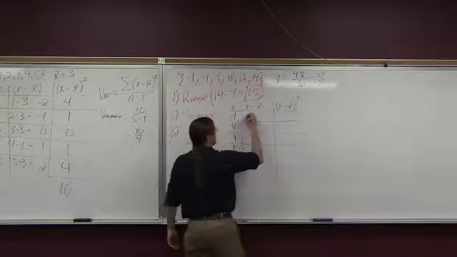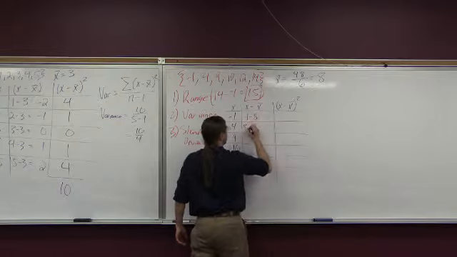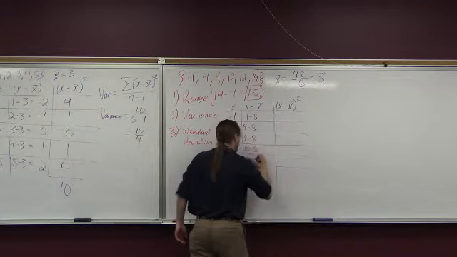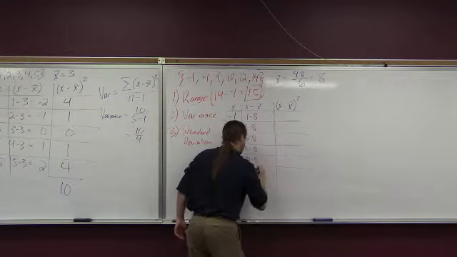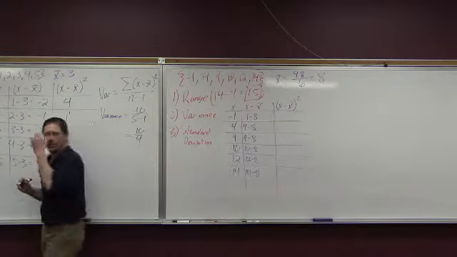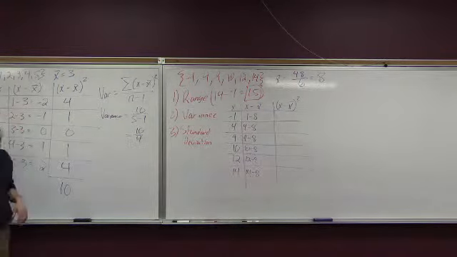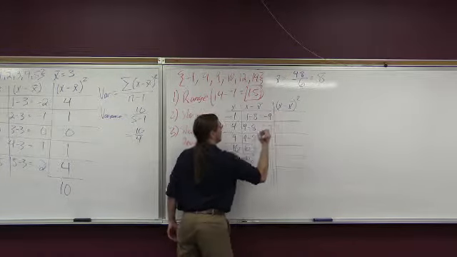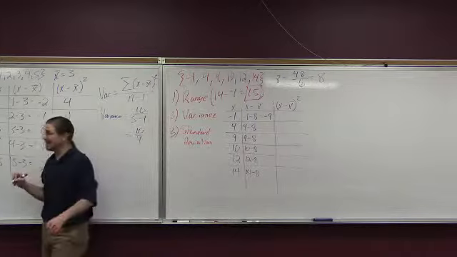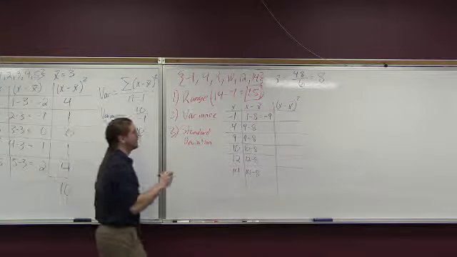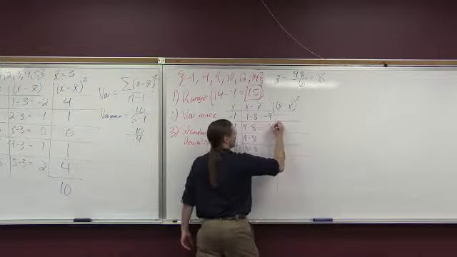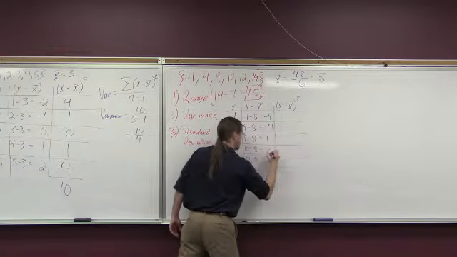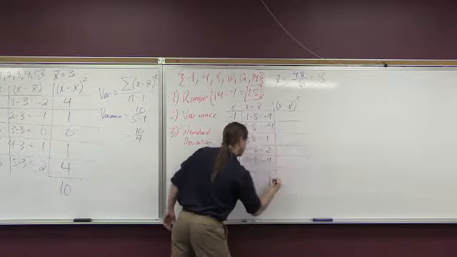So -1 minus 8, 4 minus 8, 9 minus 8, 10 minus 8, 12 minus 8, 14 minus 8. Be careful with that. -1 minus 8 is -9. 4 minus 8 is -4. 9 minus 8 is 1, 2, 4, 6.